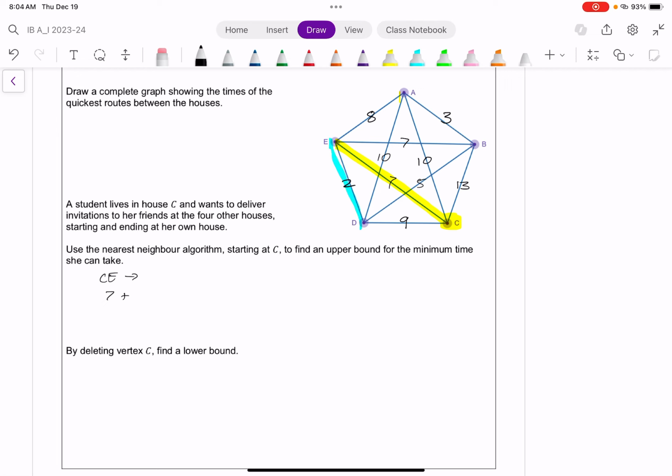So that's 2. And then the next shortest one that connects to those is D to B, which is right here. That's 5. The next shortest one that is connected is B to A, which is 3.